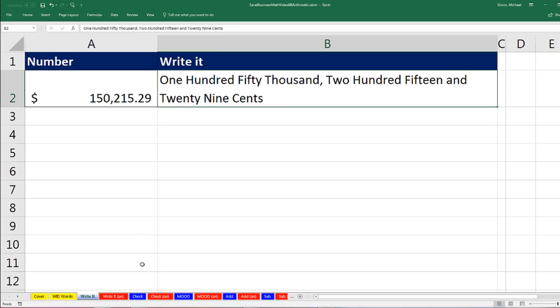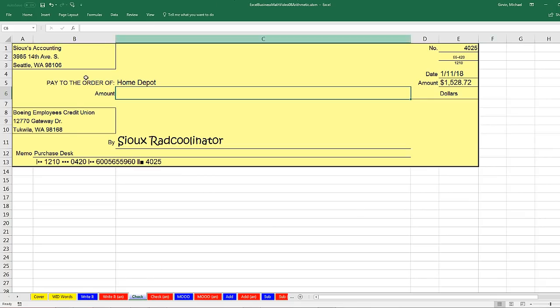Now let's go look at our next example on the sheet check. This is a check I made in Excel, and on one of your homework problems, and maybe even on a test, I'll have you complete a check like this. So we have to look at the amount and write it in the amount. So I'm going to write 1,000. That's describing that position right there. I typed a comma. 500.